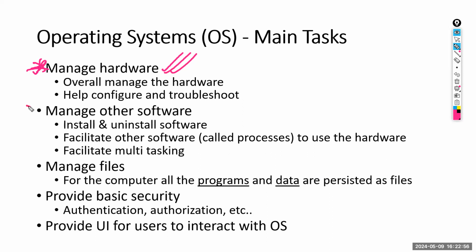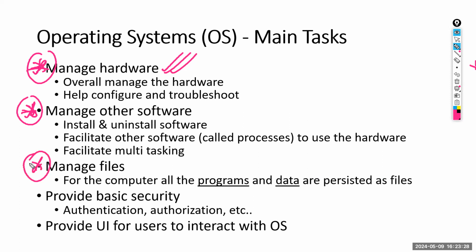The second use of operating system is that operating system manages software. You can use operating system to install a software, uninstall a software, upgrade a software. And of course, when you run a program, it is your operating system that runs it. We call a running program a process. So process management is part of the operating system. Then operating system manages your files.